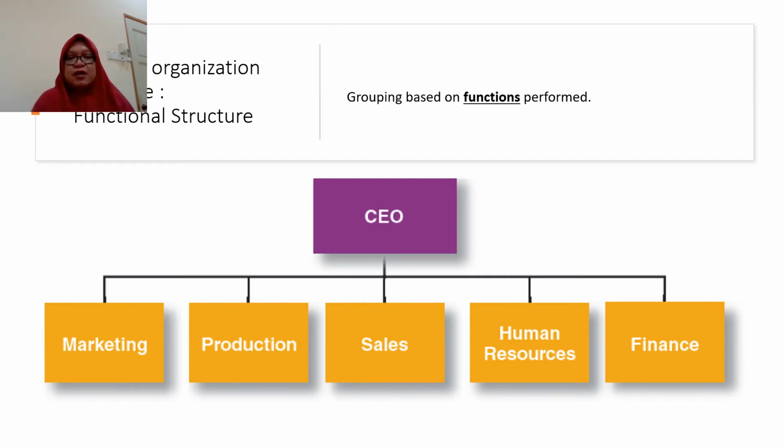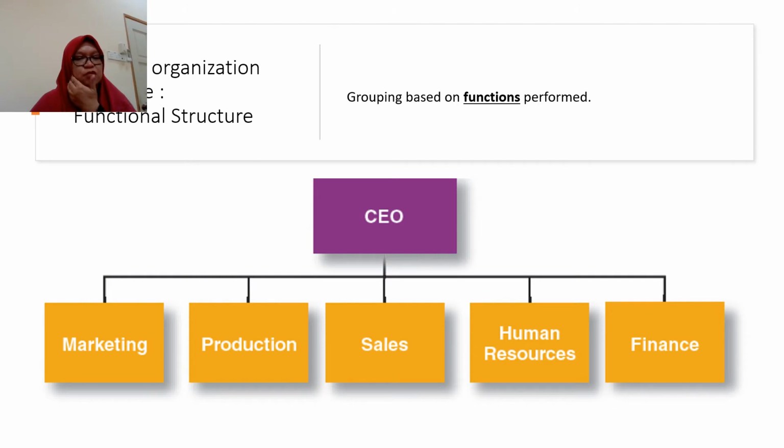The first one is functional structure. Functional structure is where we group based on functions performed, meaning that we group the employees according to the functions or the activities that they do. For example, this is the organizational chart. Let's say here is the CEO.